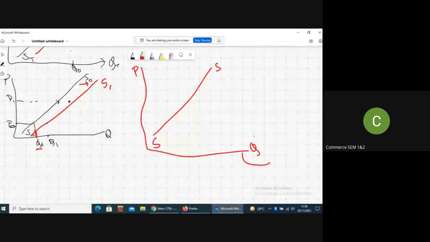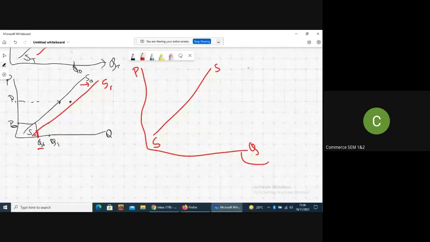What are the raw materials of samosa? Sir, ingredients? Potatoes, vegetables. So I'm taking only two things, potato and say oil.